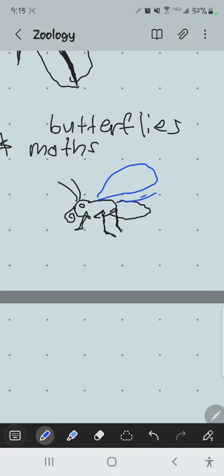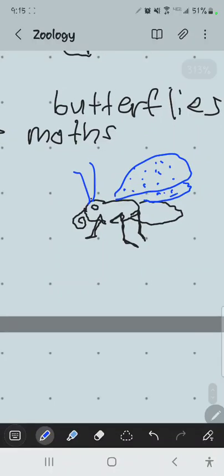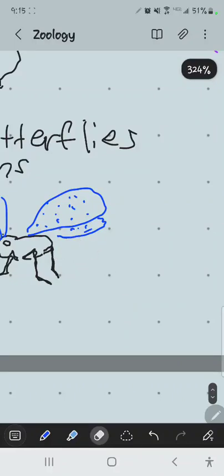But they're basically the same thing. The idea of butterfly versus moth is like newt versus salamander or frog versus toad, which we'll talk about later. These are just common names that really aren't taxonomic names.